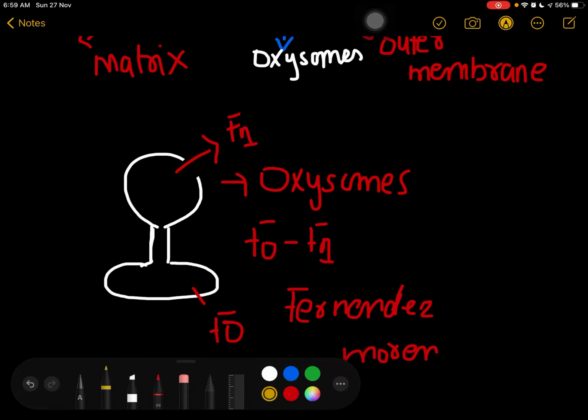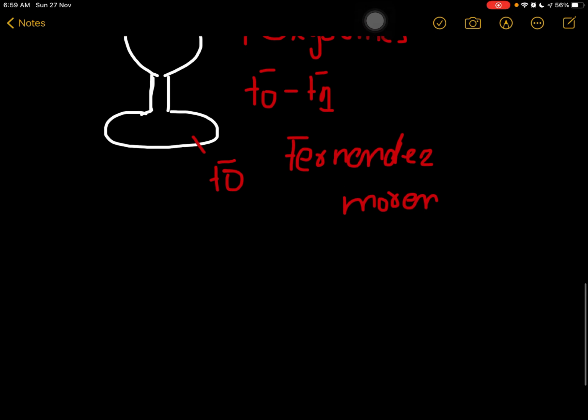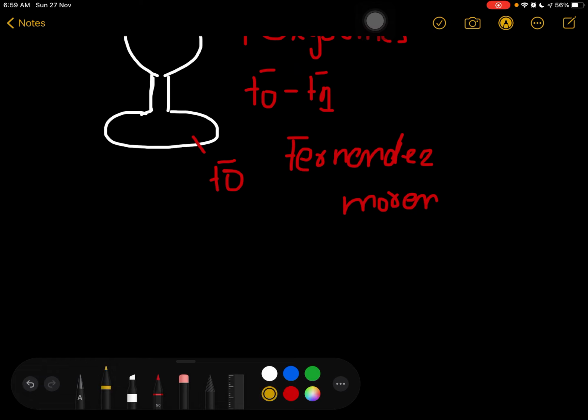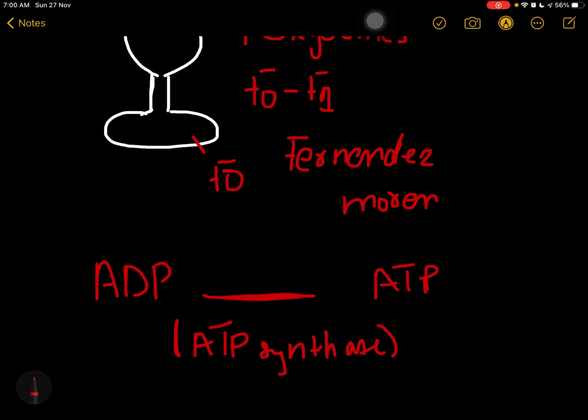What does this particle contain? Basically it contains an enzyme known as ATP synthase, and ATP synthase is quite important. Why? Because it converts ADP into ATP. In the presence of this enzyme, ATP synthase, ADP is converted into ATP, and this process is quite important in respiration.